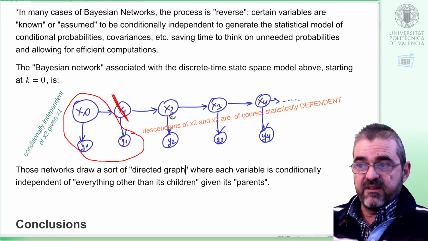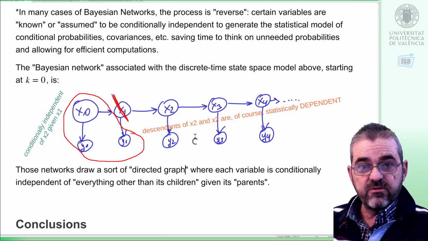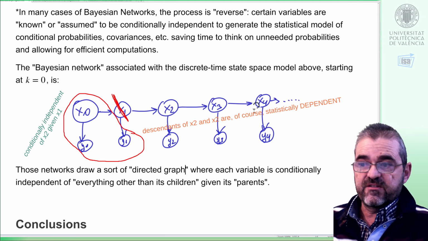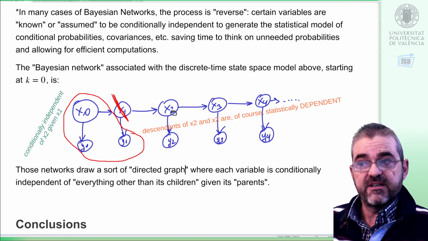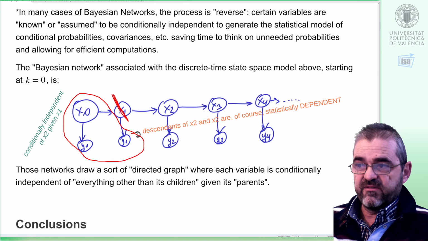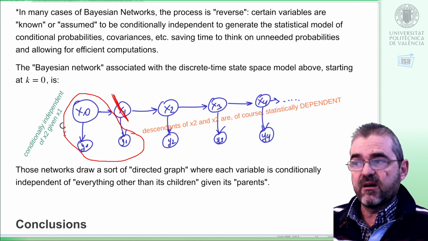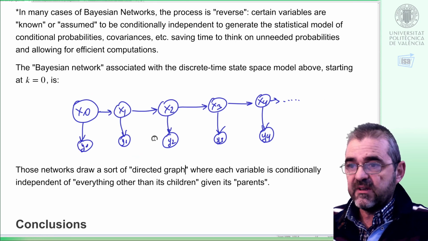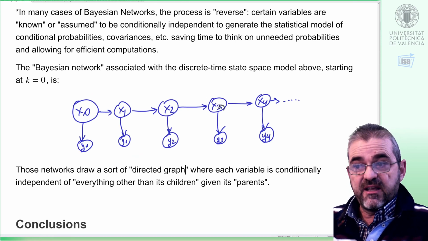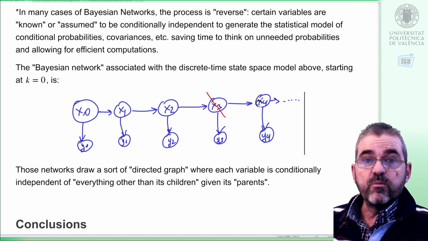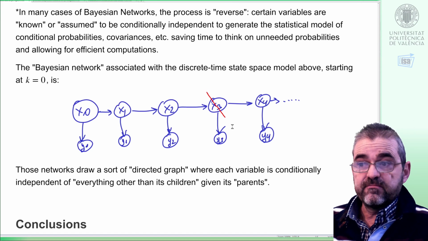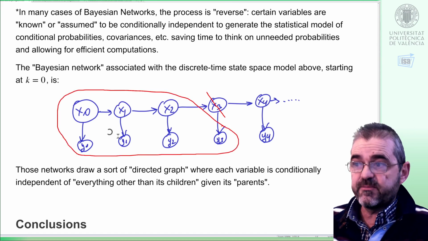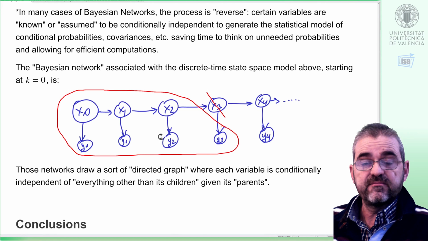Of course, the descendants of x2, x3, x4, and these measurements will be statistically dependent on x2, but given x1, I can forget about x0, y0, y1. Likewise, given x3, statistical computations about x4 are conditionally independent of all this stuff.